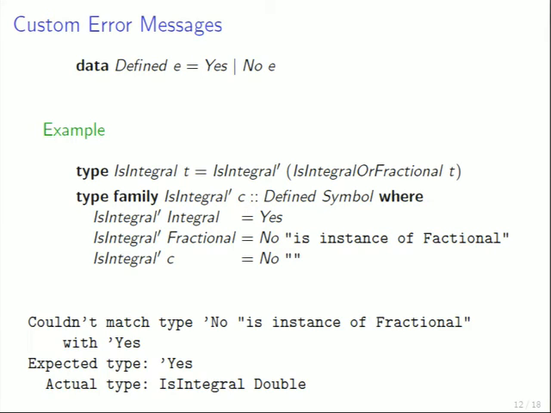And you get a corresponding error message that would say, well, I can't match No with the error message here with the type Yes. So we can't find an instance of integral for Double.